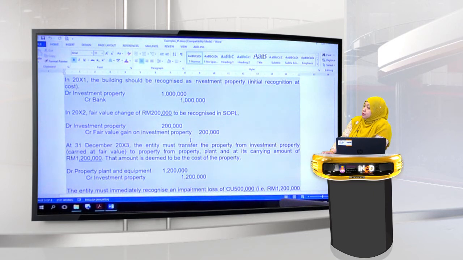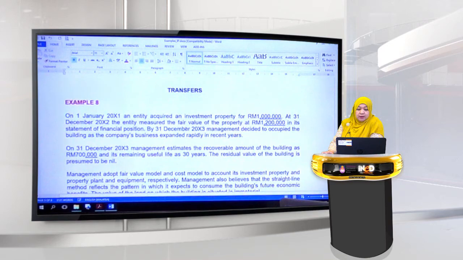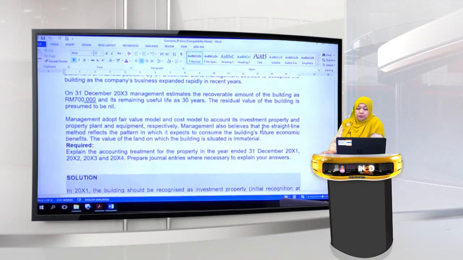So in 200X2, the fair value change of 200,000 is to be recognized in the statement of profit and loss. That is, we compare the carrying value of the investment property at first year, 1 million, and the fair value of the property, which is 1.2 million.